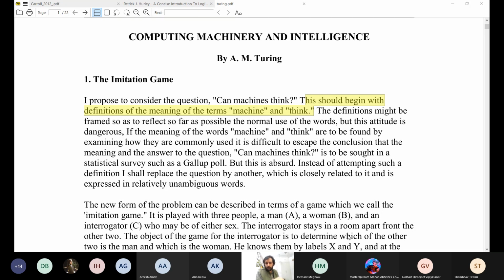Let's just go to the dictionary and see whether the dictionary will tell us the answer to this question, or it will be found by doing a poll of 10,000 people and asking them whether machines can think. So Turing says this is absurd.